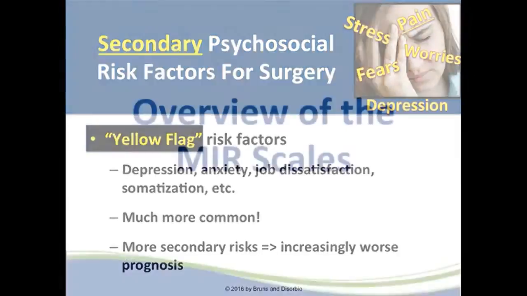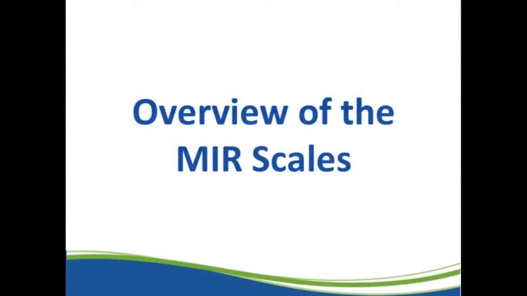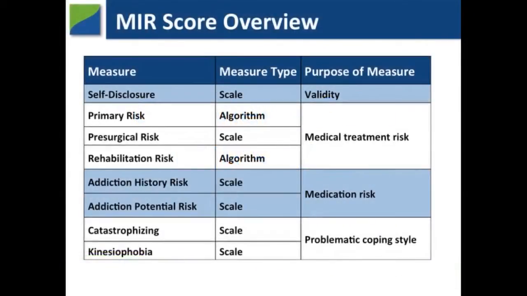Let's move on now to an overview of the MIR scales. I will first give a brief overview of them and then go into each one individually. The first measure on a MIR report is self-disclosure. This is a validity measure which assesses the tendency a patient may have to bias information.